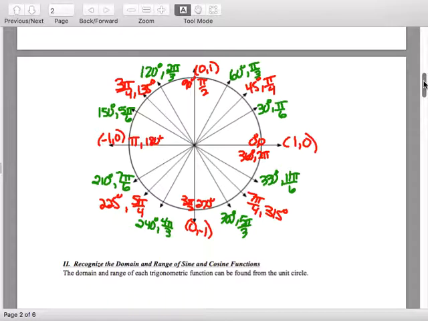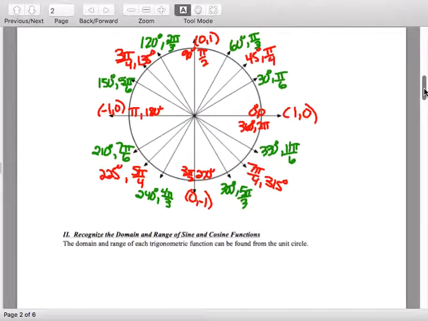Now we're going to come back to this, okay? We are going to come back to this and fill out more numbers, but for now, we've got all the angles labeled, and we've got the 4 quadrantal coordinates: (1, 0), (0, 1), (-1, 0), (0, -1).